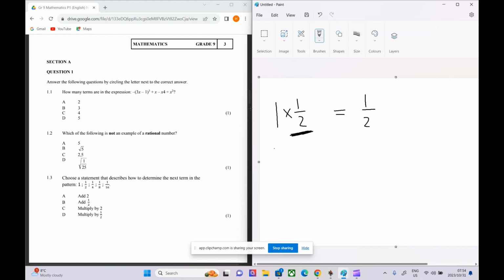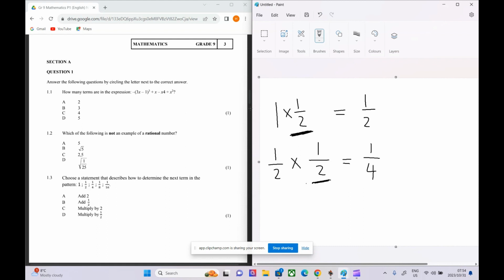Let's test it on the next term. So I go from a half, I do something, and I get to a quarter. Okay, so what I would be saying is, I know I'm going to times it by something. Let's just check. At the bottom, 2 times 2 would give me that 4 at the bottom. At the top, 1 times 1 would give me that 1. Okay, so again, we can see I'm timesing it by half.